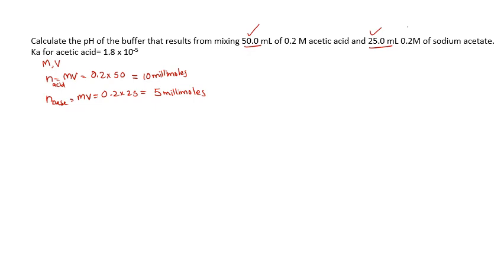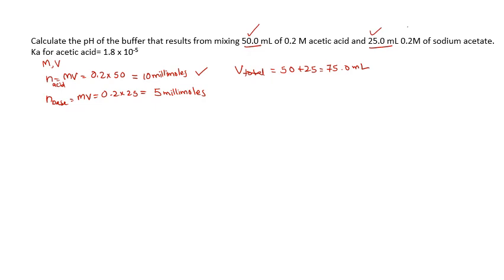So after getting the moles, I will recalculate the concentration, or we can directly use the millimoles. It's not going to make any difference. But let us go through the right method by converting into molarity. So now I have the number of moles of acid, and when we mix these two, we will have the total volume, 50 plus 25, that equals 75 milliliters.